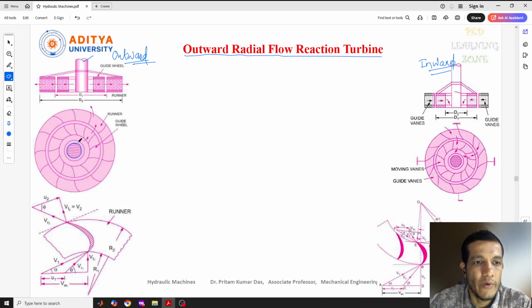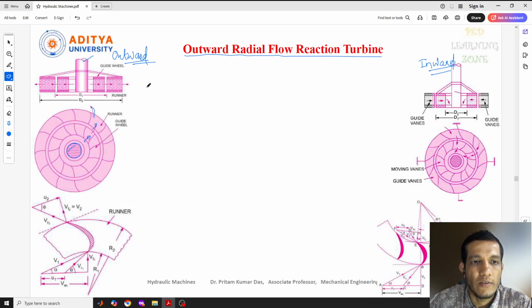So how is it entering? It is entering axially or tangentially, but when it is leaving, you can see the arrow mark from here, how it is going outside. This is the center point. At the middle, the pipe will be connected at the center, and through the guide wheel, you can see the guide wheel is present here, and the outer part is the runner.